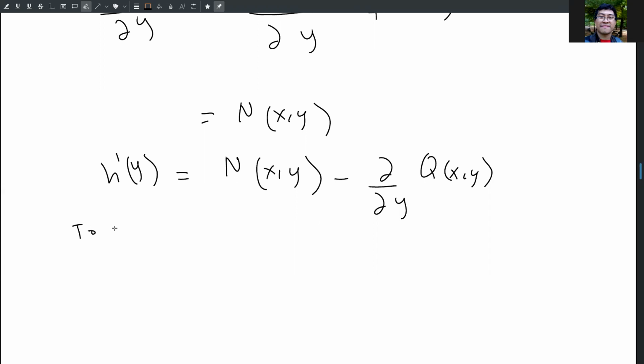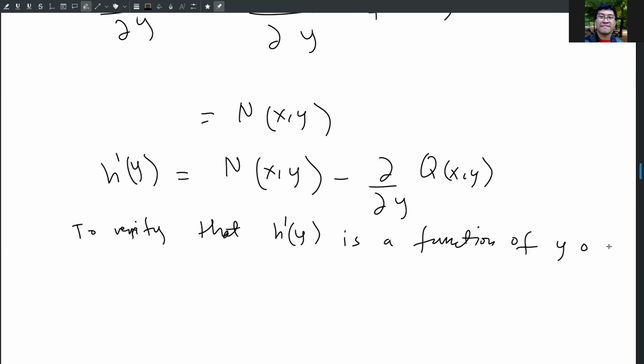Now we can make sure that this h prime(y) is a function only of y. So to verify that h prime of y is a function of y only, we differentiate with respect to x.